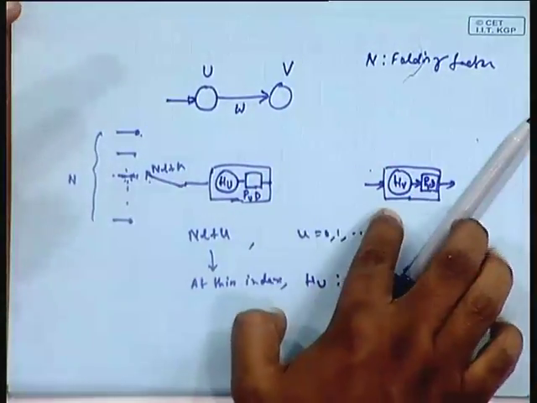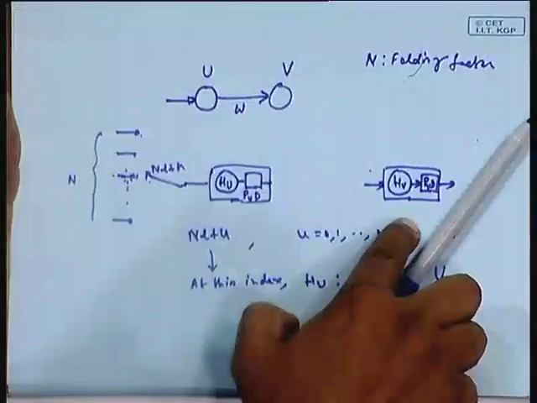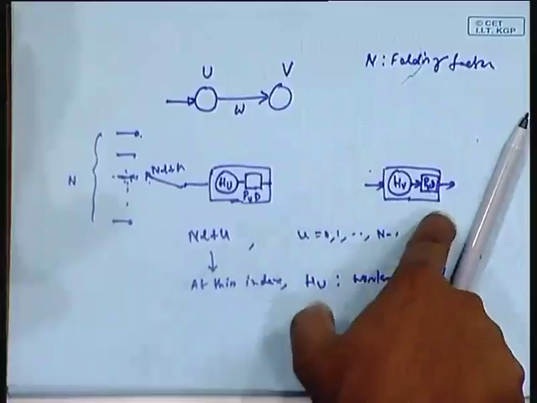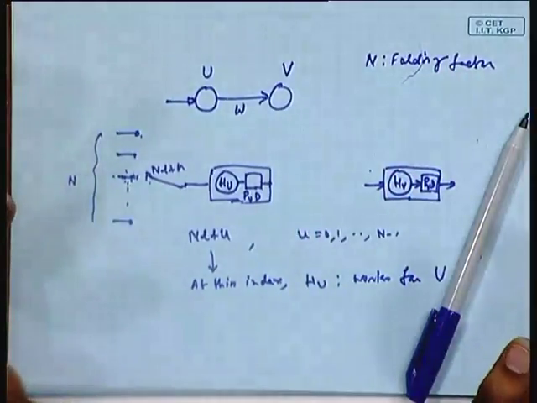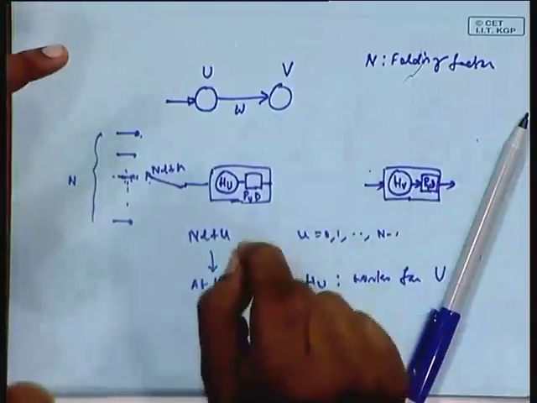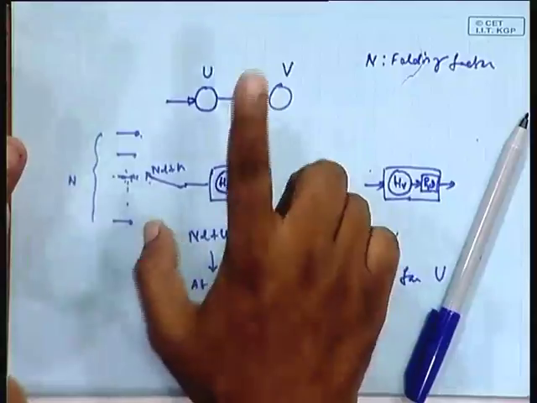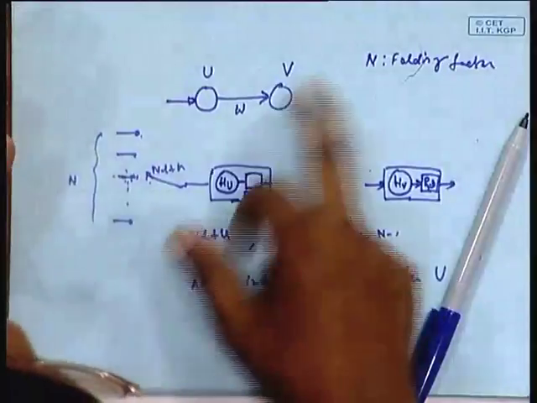So, for this also, one input clock means N number of system clocks, and I am talking of the Lth input clock. If I talk of the Lth input clock, this will correspond to what indices? Same, NL plus 0, NL plus 1, NL plus 2, dot dot, NL plus capital N minus 1. Out of those indices at any particular index, this will work for this fellow V. So, that I call NL plus small v, where small v is the schedule of capital V in the folded setup.